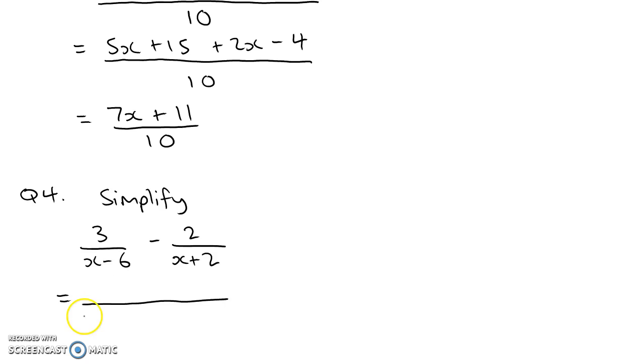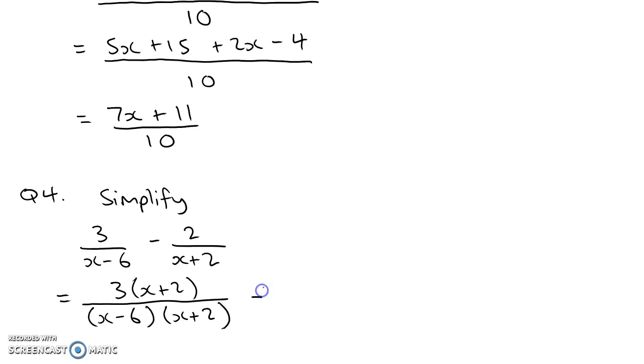So we'll get x minus 6 multiplied by x plus 2. Now we need to think, what have I multiplied this x minus 6 by to get it into this here? We've multiplied it by x plus 2. So that means the 3 has to be multiplied by x plus 2 to keep it all equivalent.